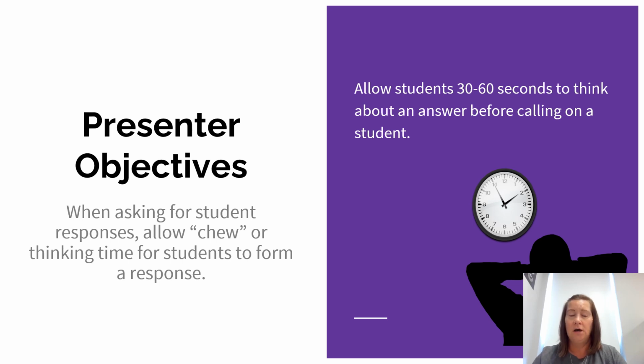I don't allow enough thinking time for students that maybe need time to process long enough, right? And so I've been consciously trying to take 30 to 60 seconds before calling on anyone when I'm asking for a response, to ensure that everyone has the time to think about what they'd like to say.